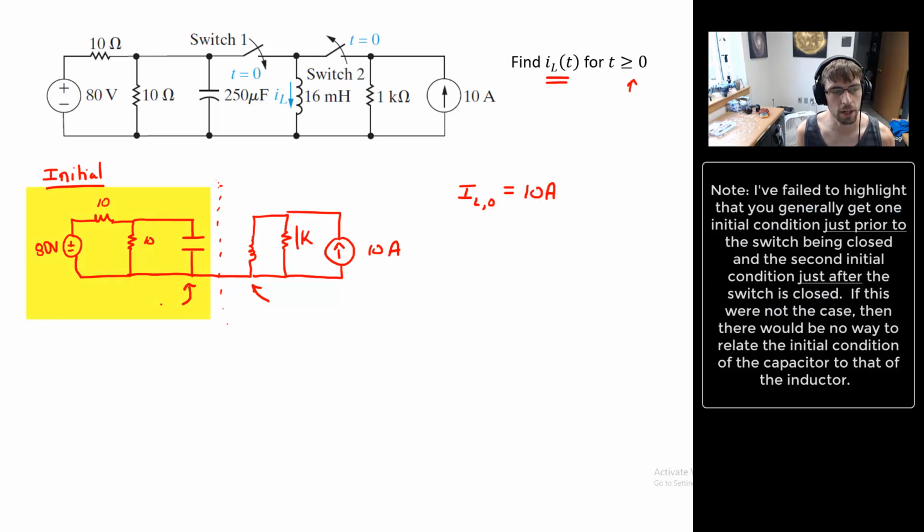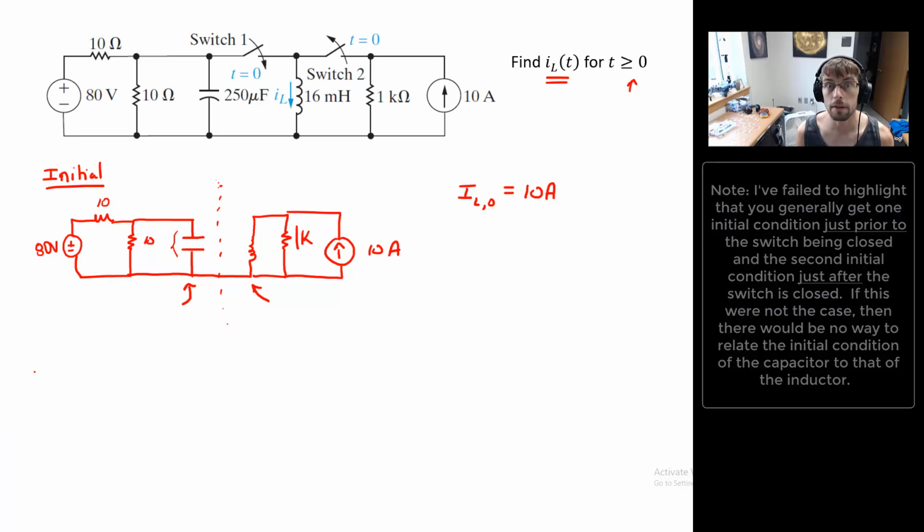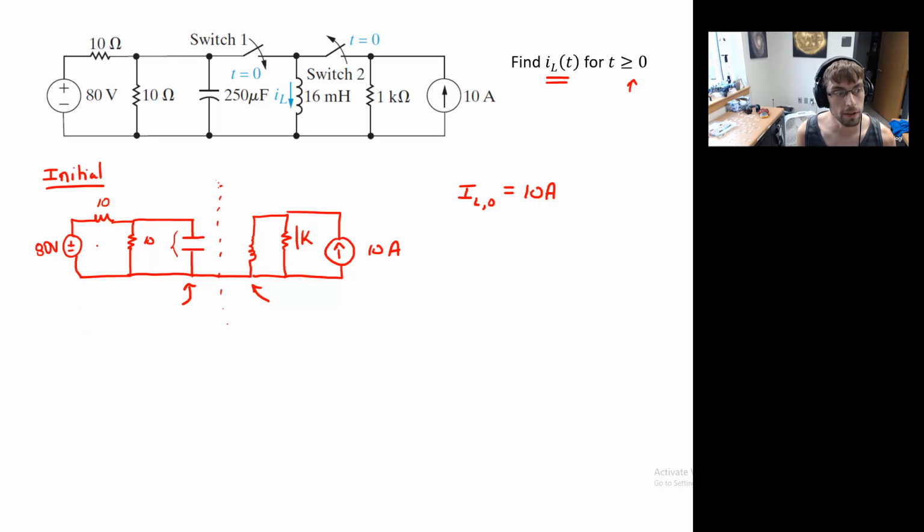Whereas on this other side, we notice that, okay, well, we have 80. At a long time, this capacitor acts like a break. And so we know that the current running through these resistors is going to be that 80 volts divided by that 20 ohms.